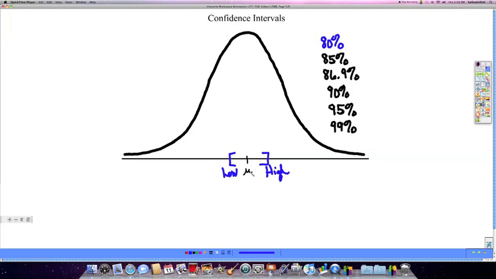We don't know exactly where the population mean is, but we can be reasonably sure, in fact we can be 80% sure, that the population mean will lie between these two values. Now, that's only an 80% possibility. It is possible that the mean will not lie between our values.